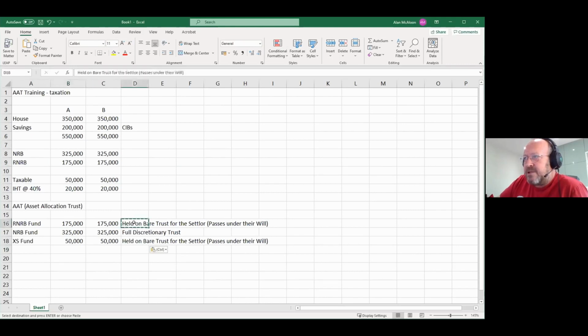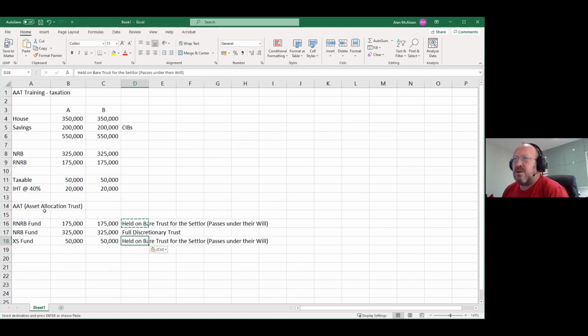This is held on bare trust, so passes under the will, so therefore it does qualify for the residence nil rate band. We would end up with all of the normal nil rate band for each held on a full discretionary trust. And then we would end up with an additional amount because of the savings, 50,000 each, held in this excess fund, which are again held on bare trust for the settlor, passes under their will.